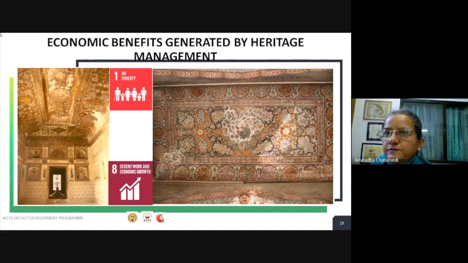The economic benefits which are generated by integrated heritage management will also help to ensure that poverty is reduced in the country.